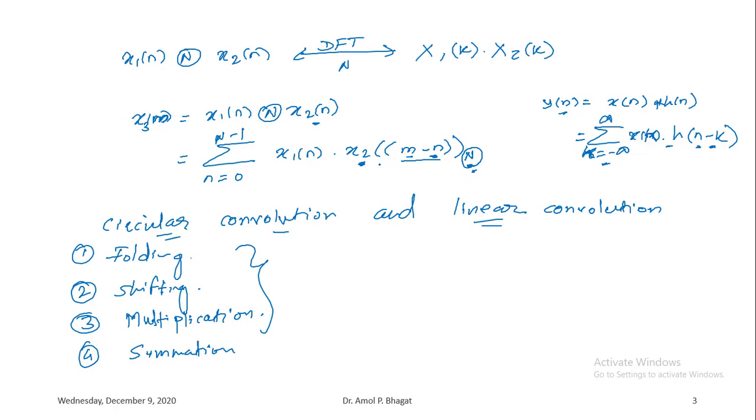The remaining things are similar if you compare circular convolution with linear convolution. In the case of linear convolution, the folding and shifting operations are not performed circularly, right?